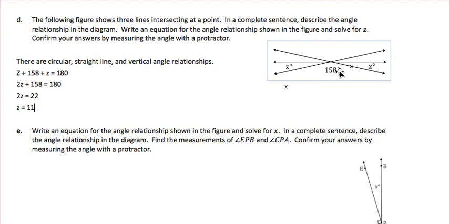Once we know that information, we also know that the vertical angle from 158 is also 158. When we look at the intersection of these lines, the vertical angle from this z is congruent, so this one is also 11. And the vertical angle from this z, over here, is also congruent, making it 11 degrees.